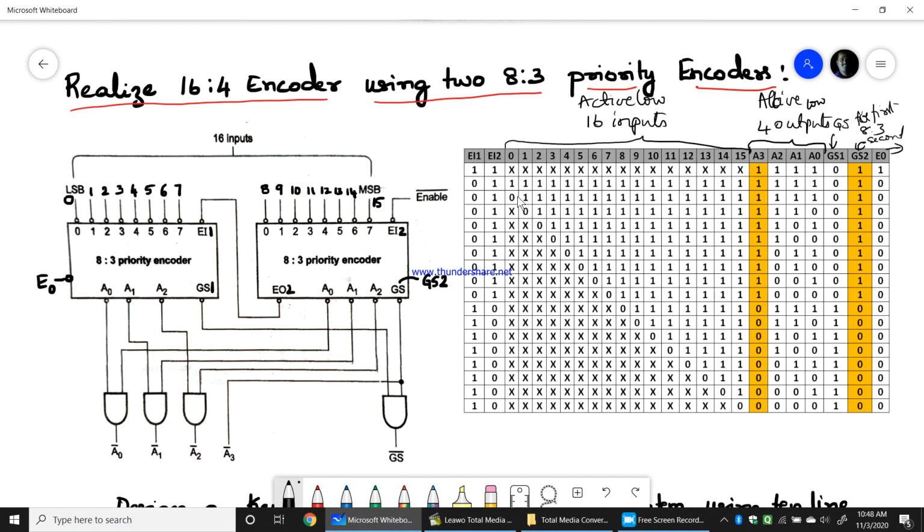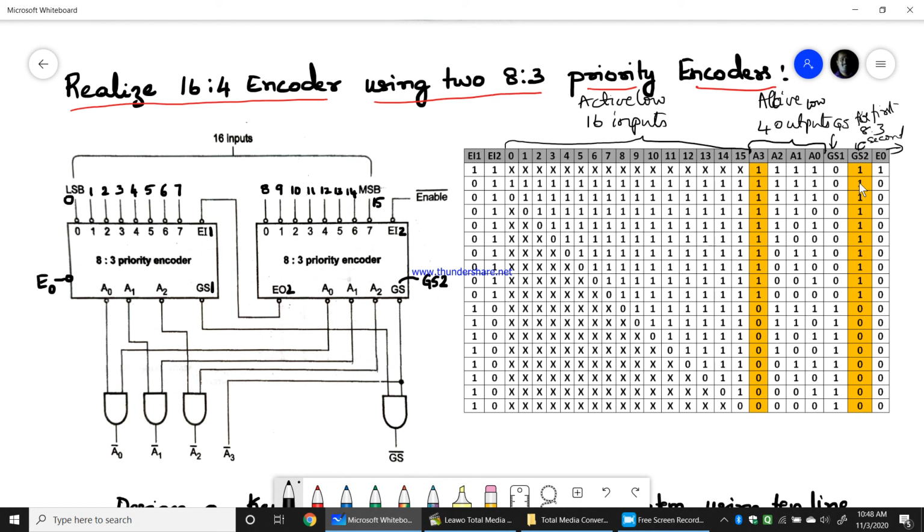When all are ones, and if the first enable EI1 is enabled and EI2 is disabled, what happens? The output will give you 1 1 1 1, all zeros, because all inputs are not active, where now GS1 will be 0 and GS2 will be 1.